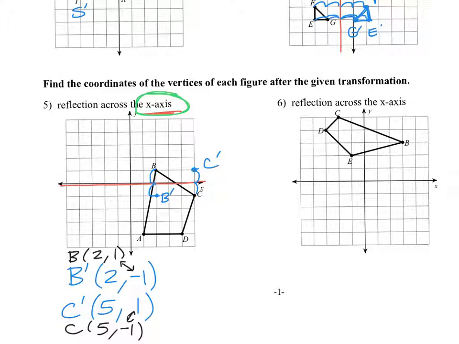Okay, so where was A initially at? A is at 1, then 1, 2, 3, 4. So A was initially at 1, -4. So where is A apostrophe going to be? Sorry, A apostrophe. It's going to be at 1, +4. All I do is I switch the sign on the y.